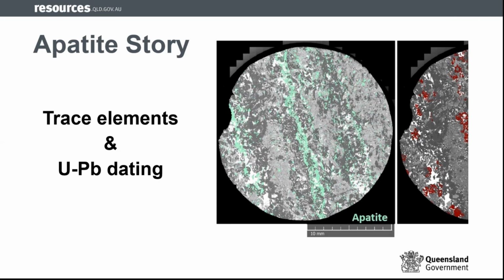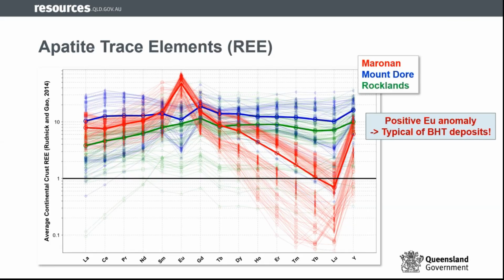We did this ourselves with the QUT labs to collect the trace element and first initial uranium-lead data on the apatites. And Vlad already stole my best diagram. We've done this work on apatites from Maronan, Mount Dore, and Rocklands as the first run.